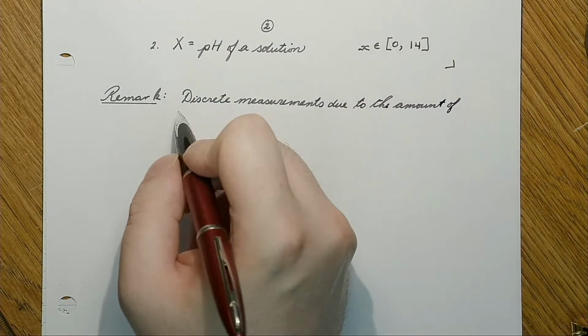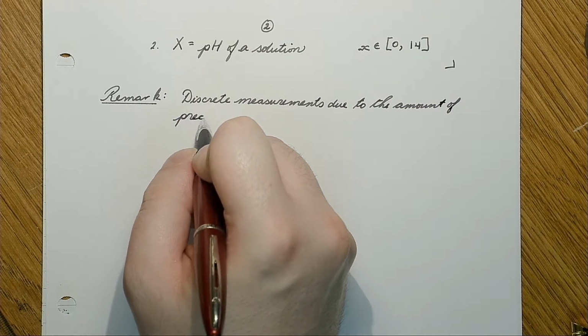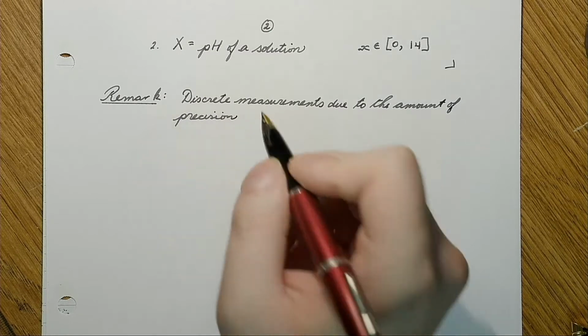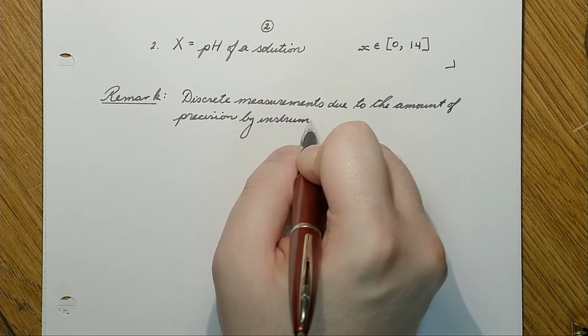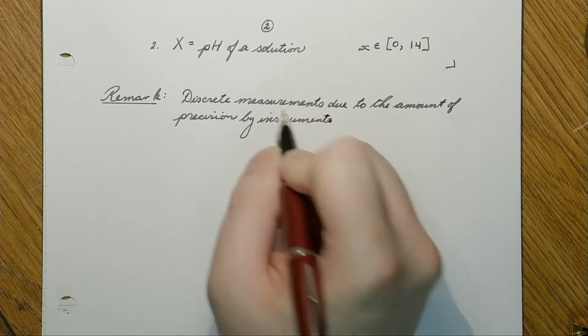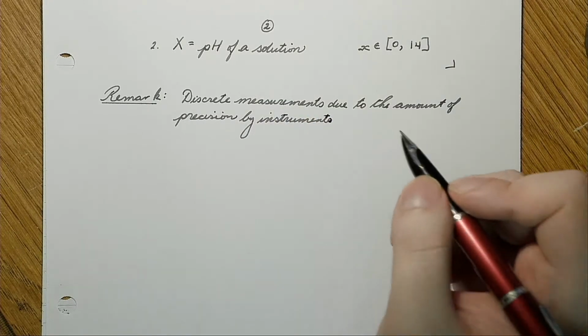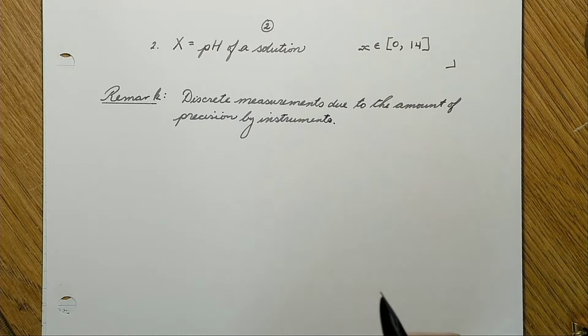So why do we use continuous random variables?